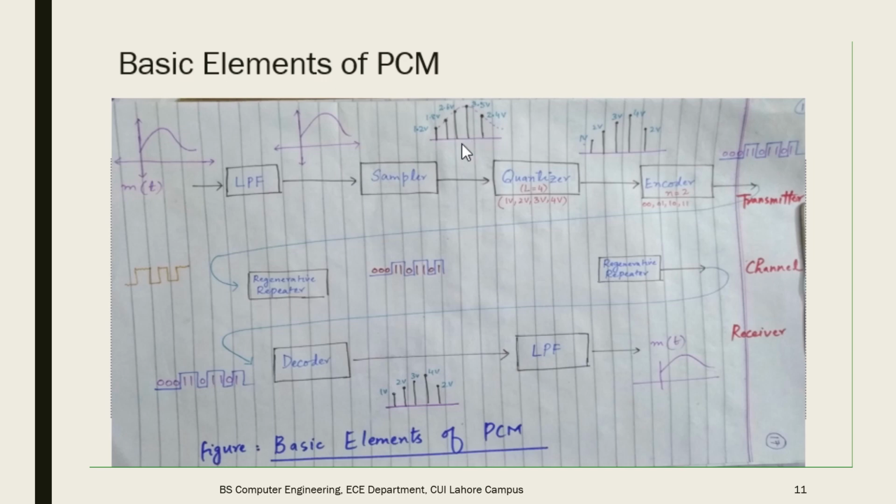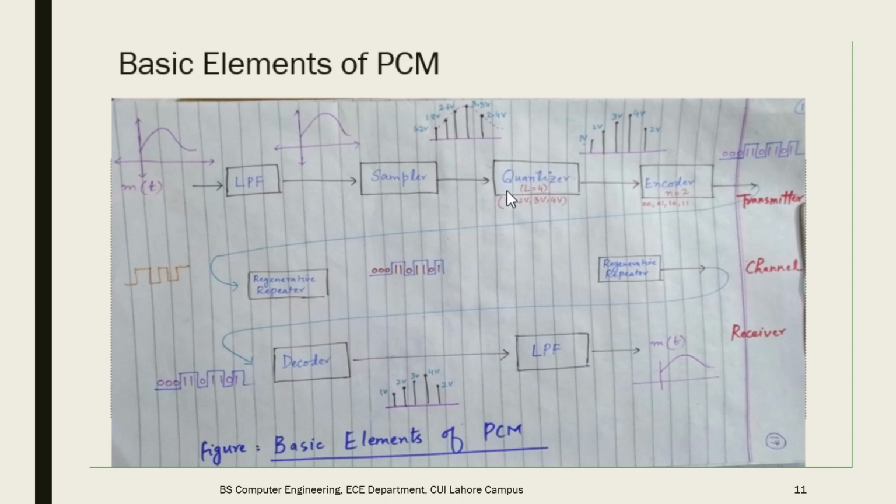By discretization we mean we are taking samples at the integer values of the time axis. So here you can see that the amplitude is not discretized, only the time axis is discretized. At amplitude we have values like 1.2 volt, 1.8 volt, 2.6 volt and so on. Now this sampled signal will pass through the quantizer.